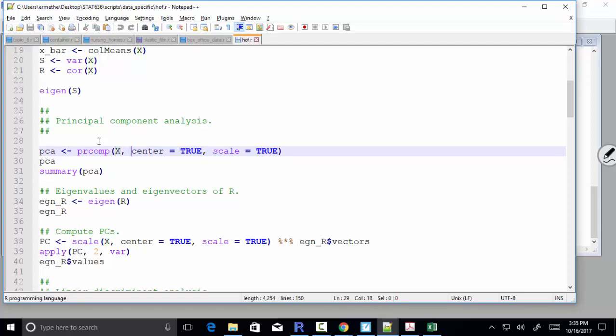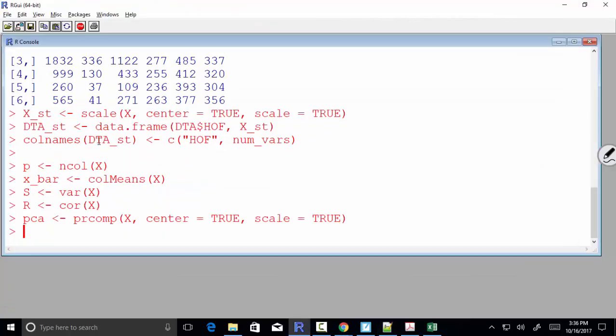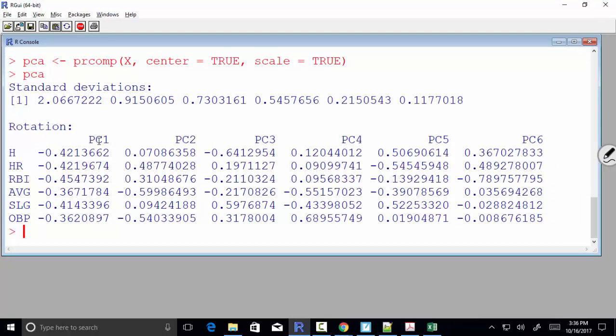I'll talk about this momentarily, but we're going to standardize our data before doing this. So again, I'll comment on that in a second. But for now, we're just going to do PCA on 6 numeric variables. So let's do that. Now if I just type pca, I get the standard output.